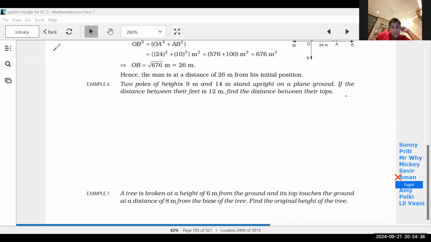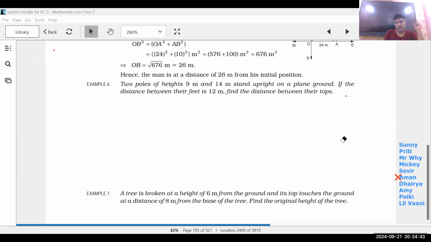Sir, which example do we have to do? Sixth example. Should I show the diagram now? Yes, sir.